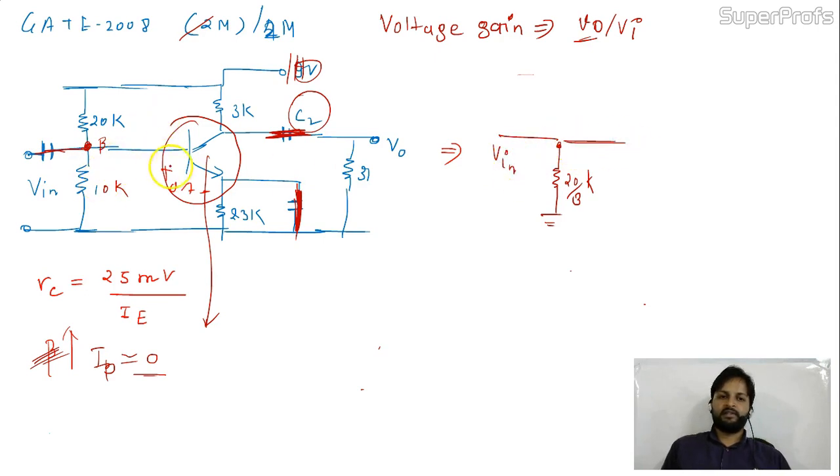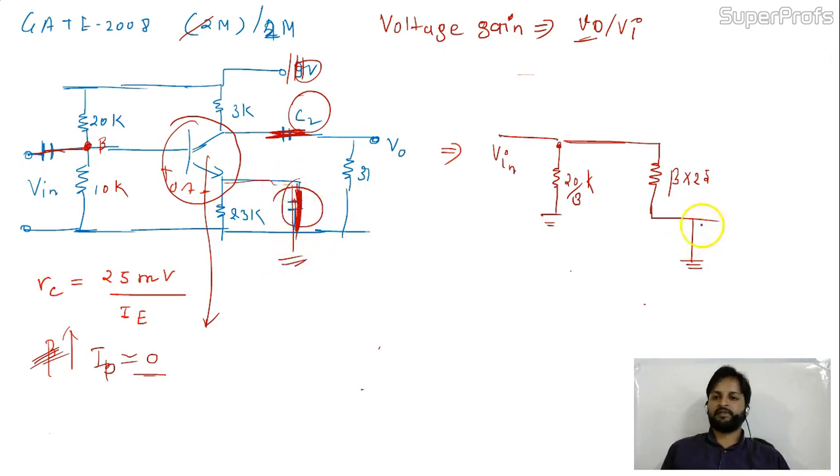Here, this is the transistor territory. In the transistor territory, you are getting beta Re, where Re is 25 calculated. Over here, this is the emitter, and that emitter is grounded. See, this is grounded, right? Because you shorted the capacitor. Now come to the collector, and in the collector, this is beta IB.